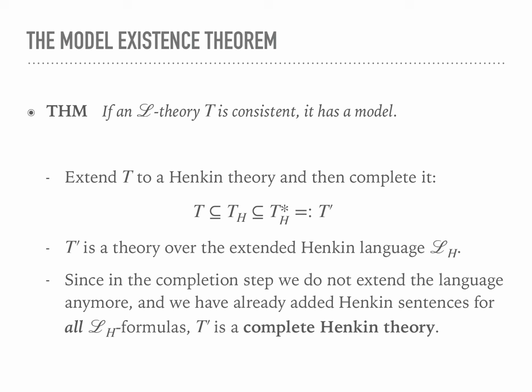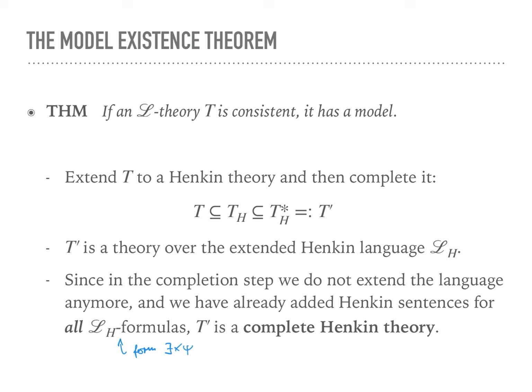One important thing to point out here is the following. In the completion step, we do not extend the language anymore. So we're going from here to here. And since we've already added Henkin sentences for all L^H formulas, that is more precisely all L^H formulas of the form exists x psi, we have already added all of those.